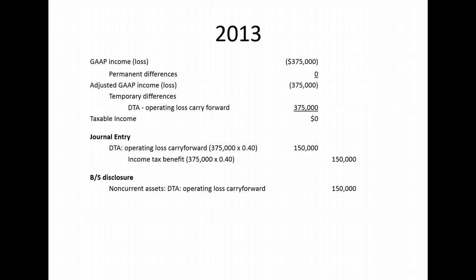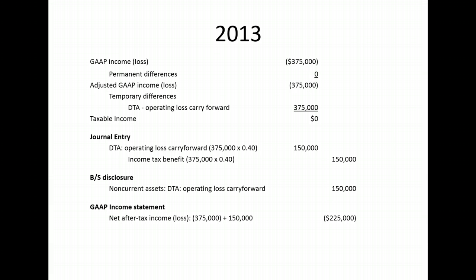So from a balance sheet disclosure, we have this deferred tax asset, which is $150,000. That's what we just created on the balance sheet. Probably listed as a non-current asset, although again that would be up to management's discretion as to when we think we'll be able to use up that benefit.